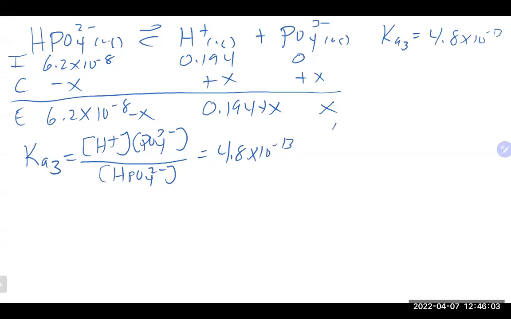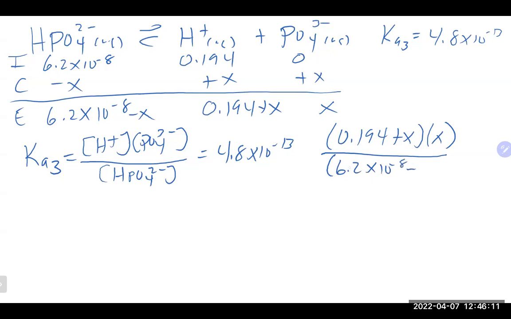Putting our values in, we got 0.194 plus x times x divided by 6.2 times 10 to the minus 8 minus x, and that will equal 4.8 times 10 to the minus 13.